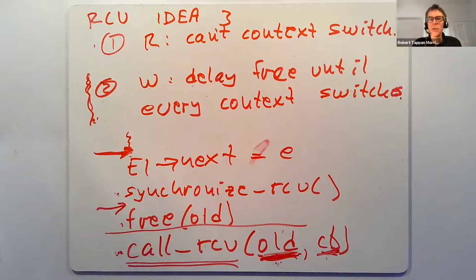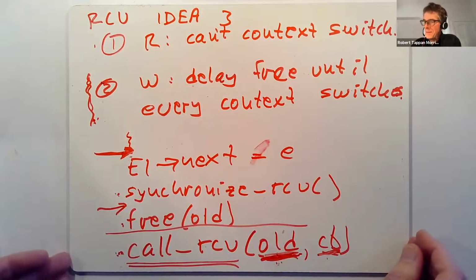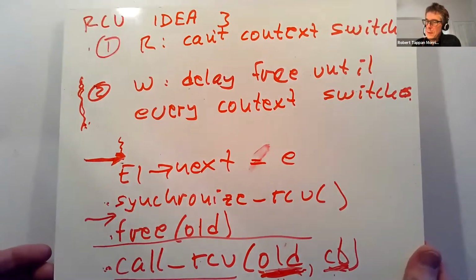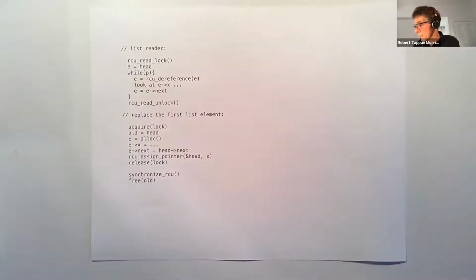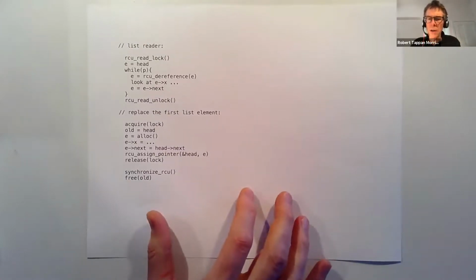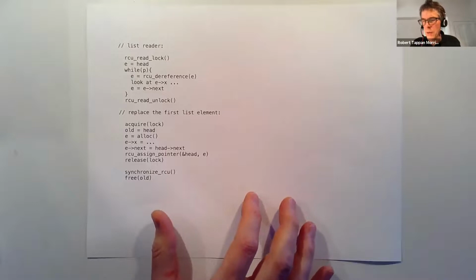Because RCU critical sections are often revised lock critical sections, things that used to be lock critical sections, they tend to be short also. And that means that, not always, but usually, there's not a direct worry about keeping the RCU critical section short. Although it is a constraint. The real constraint actually is you're not allowed to hold pointers to RCU data over context switches.